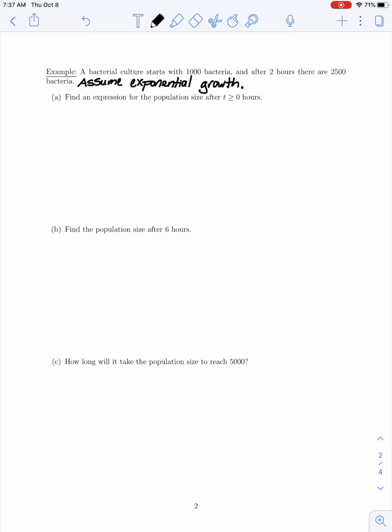So for part A, we had found in our previous example that the solution of the exponential growth model is given by y of t equals y naught, the initial population size, times e to the rt power. Now here, the initial population size, y naught, we were told is 1,000.